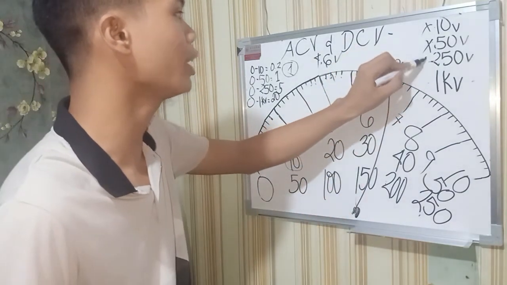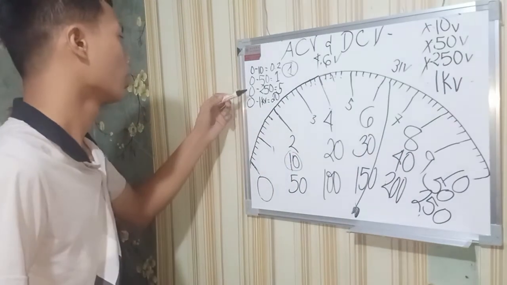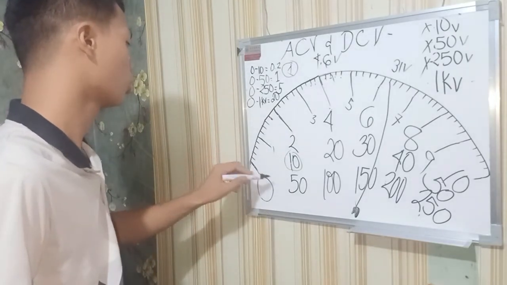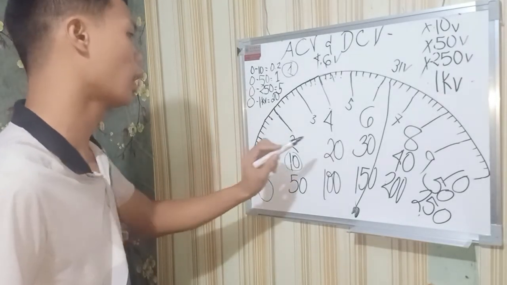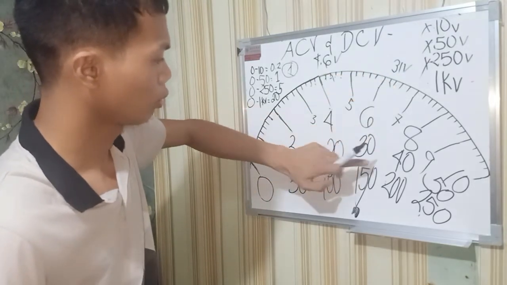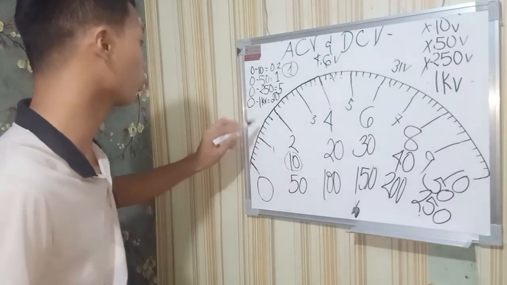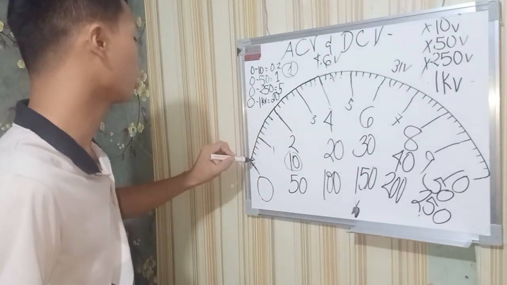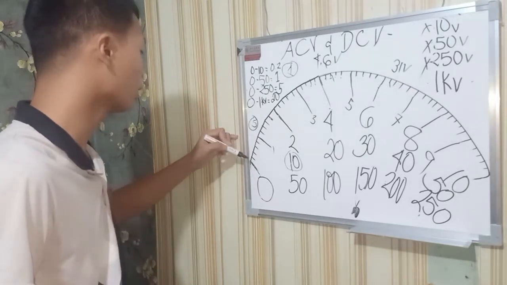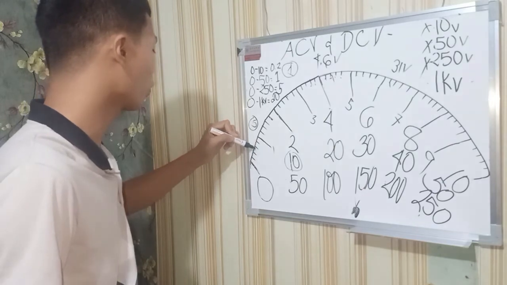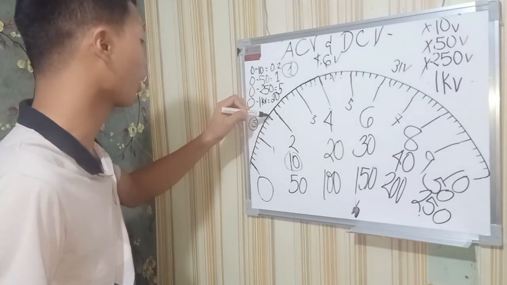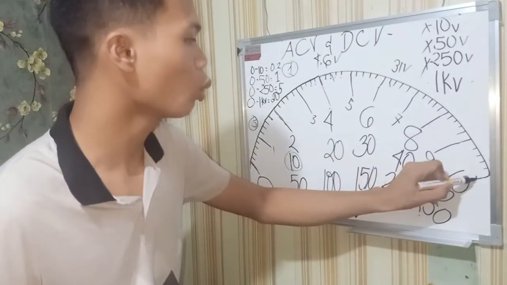If we use 250, since that is 50 and this is 250, each graduation is equivalent to 5. We count 5, 10, 15, 20, 25, 30, 35, 40, 45, 50, until we reach 250.